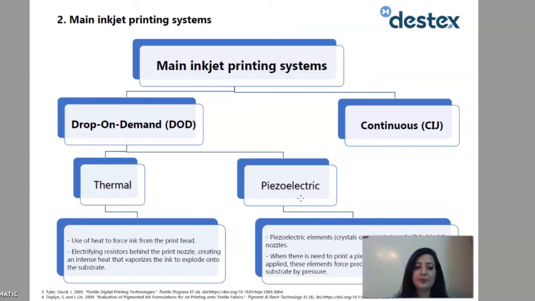There are main inkjet printing systems, which are mainly continuous and drop-on-demand. We are going to focus on drop-on-demand in this OER because it is mostly used, especially the piezoelectric type of it. It's used more than thermal nowadays.